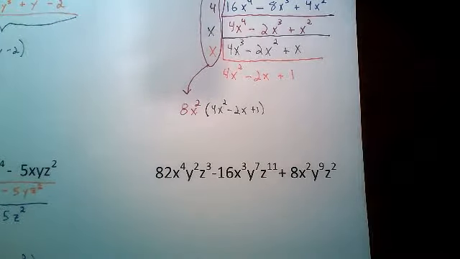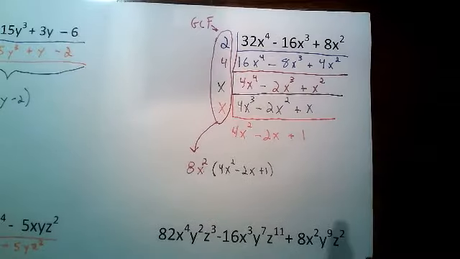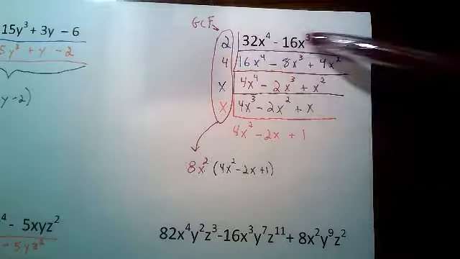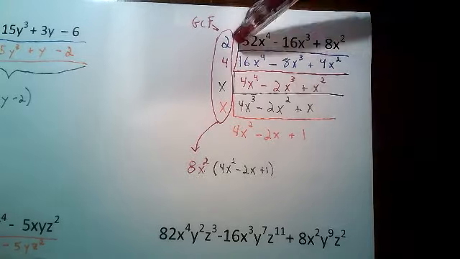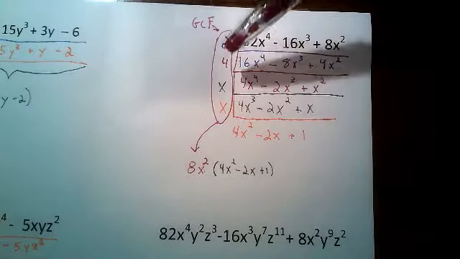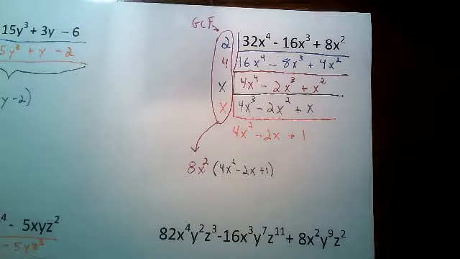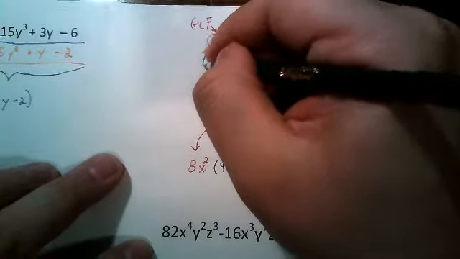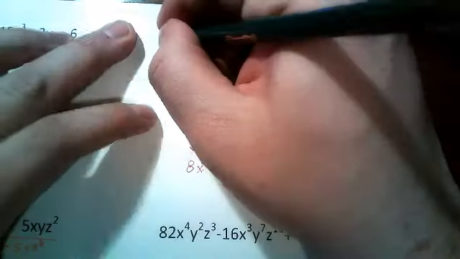Okay, so this is what happens when you don't take out everything you could in your first go around. So you see I took out a 2, and then I took out a 4. What I could have done, instead of doing that in 2 different steps, is I could have taken away 8.